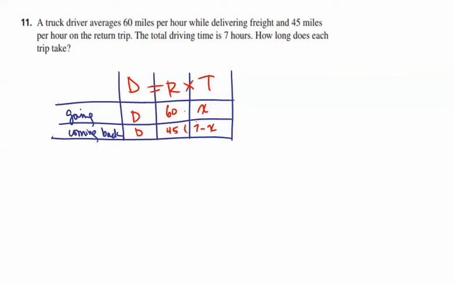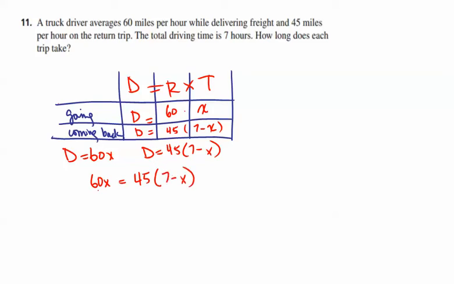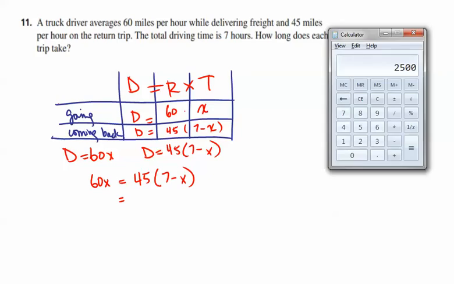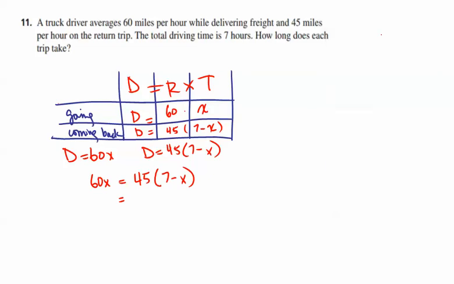So we have d equals 60 times x, and d equals 45 times 7 minus x. We set them equal since we know that the two distances are the same. 60x is equal to 45 times 7 minus x. And we have 7 times 45. 7 times 45 is 315.